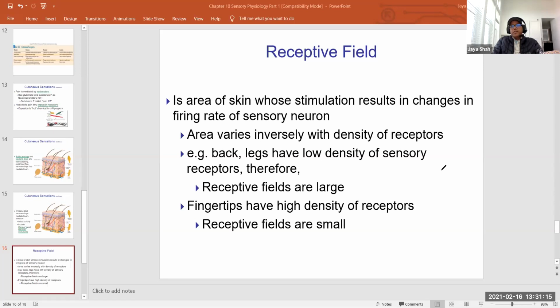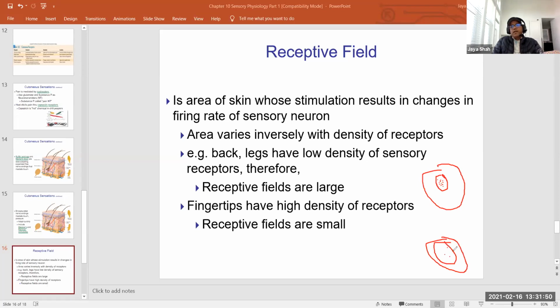So let's see, this is the facial area here, and here is your back of the leg area. And each dot is receptors. If you see the number of receptors in a specific area, in this much area, and if you see this much area, receptors are less here.